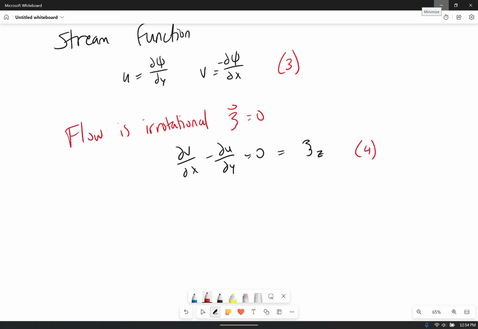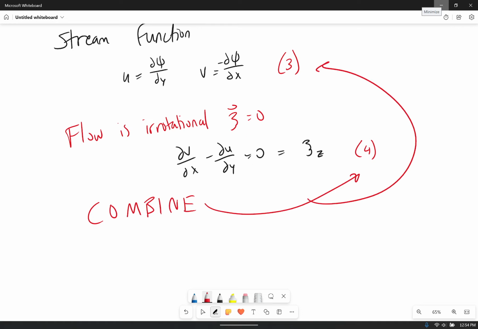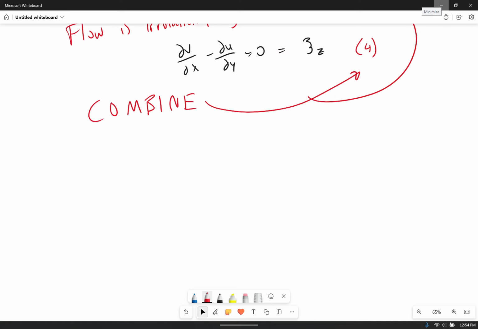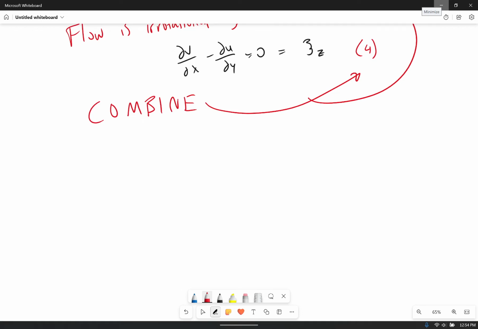Now, if I combine these two again, so I'm going to combine this guy and this guy. What do I get? Well, I get my Laplace equation for the stream function.